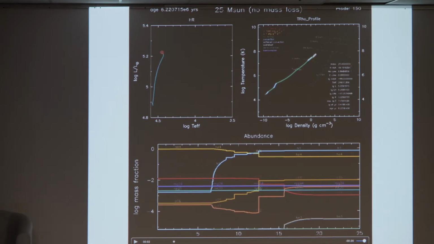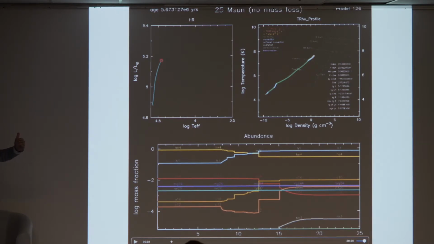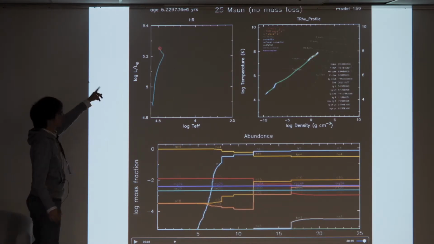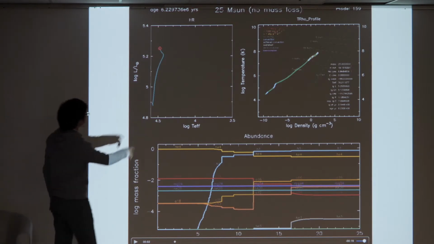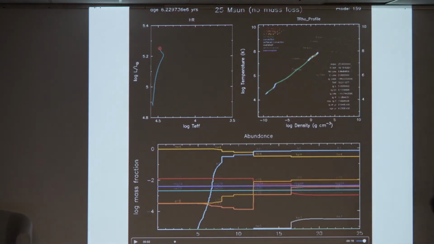And then, during the hydrogen burning, the star basically keeps slightly expanding. And then at some point, this star will go in a different way. So it starts to contract. So this is T effective and luminosity, and this is 4 pi r squared sigma T to the fourth.